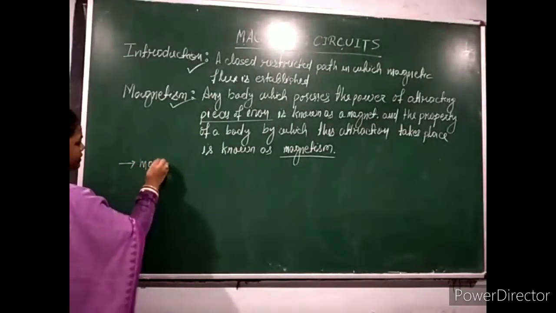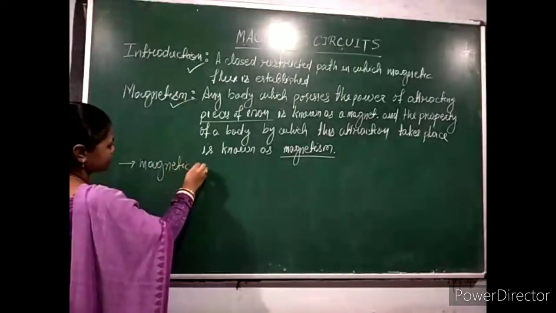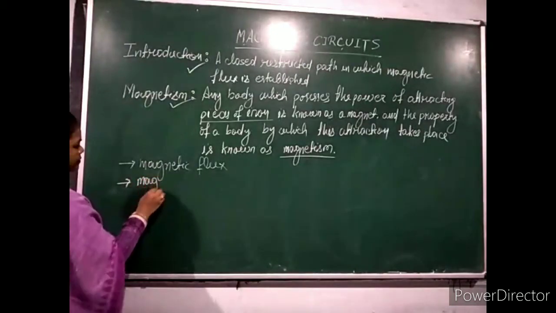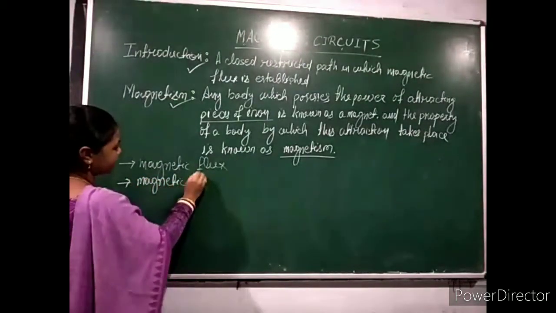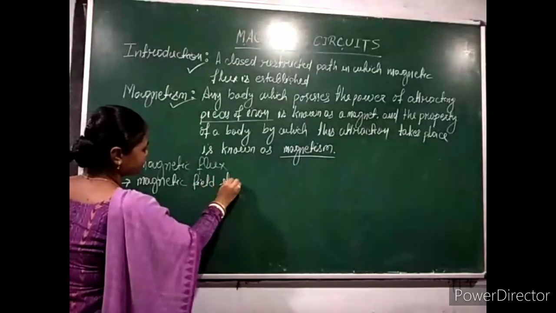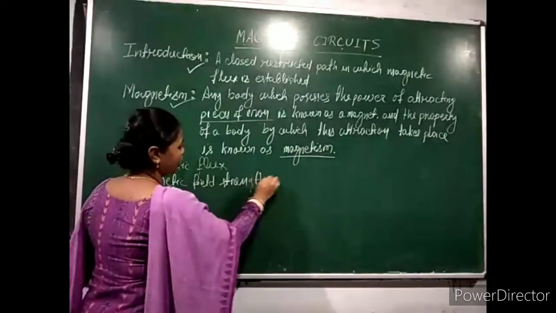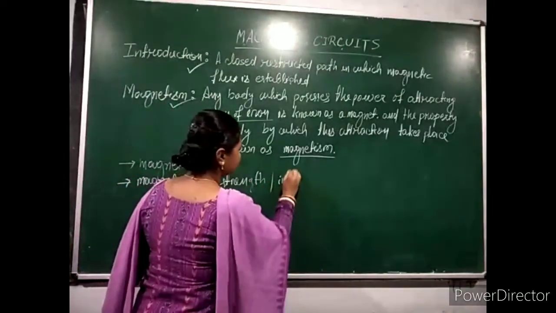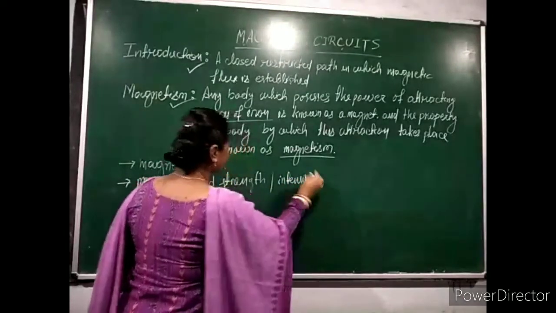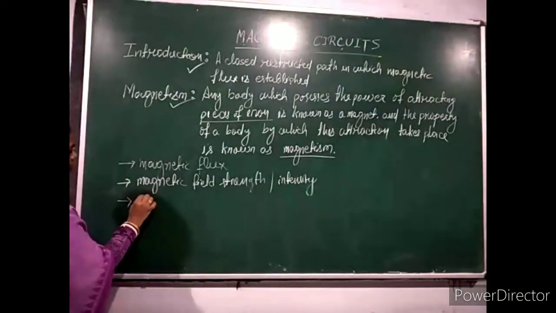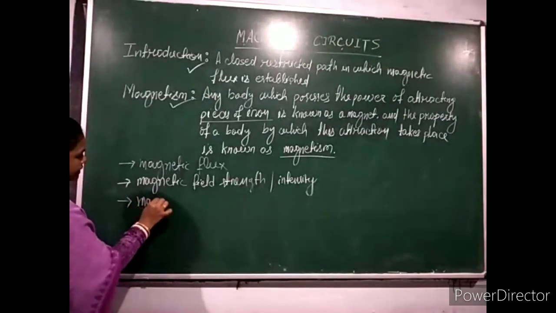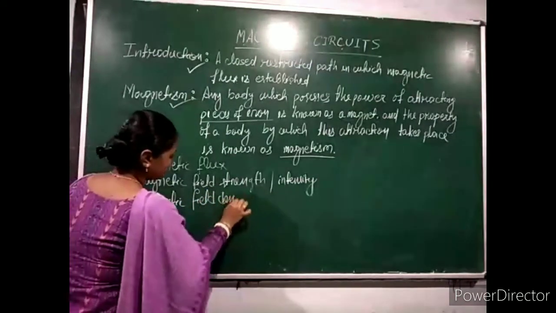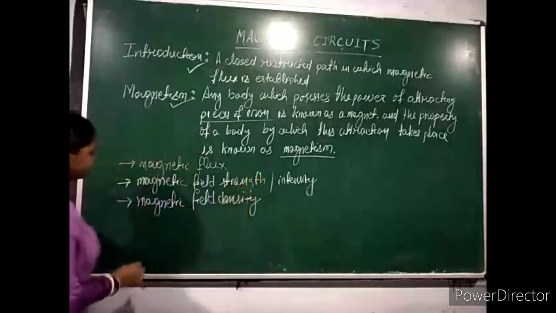magnetic flux, what is magnetic field strength or magnetic field intensity. Magnetic field strength is also known as magnetic field intensity, and magnetic field density.